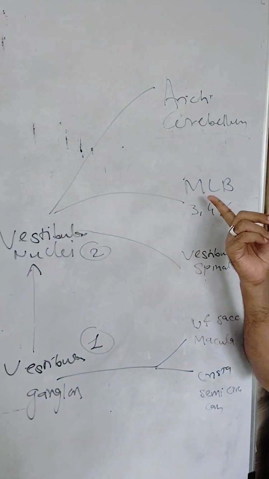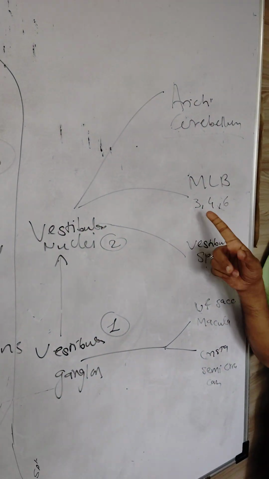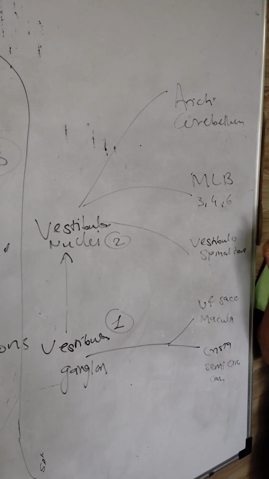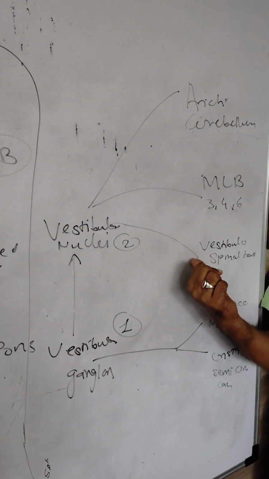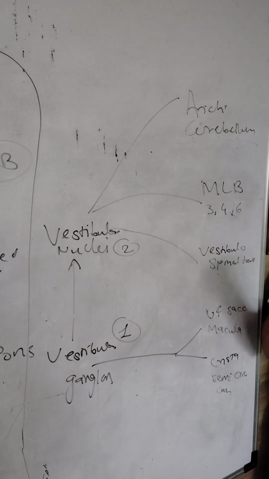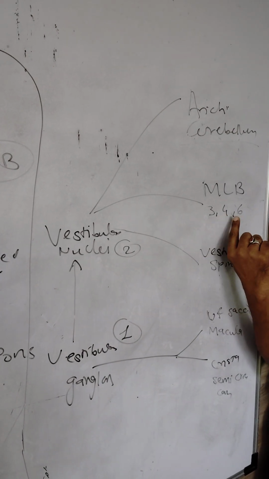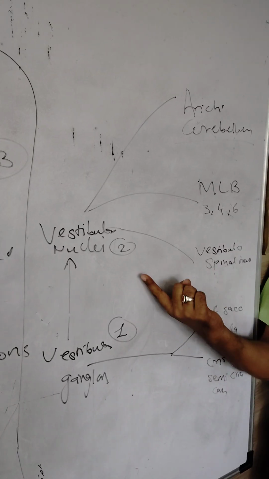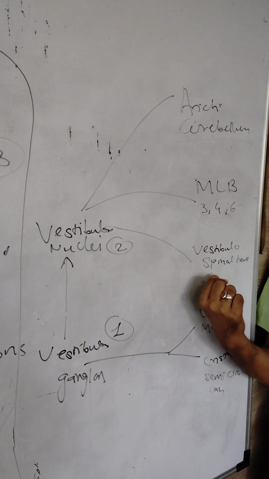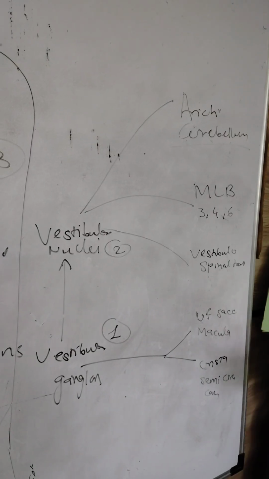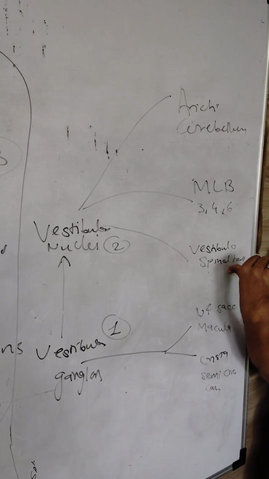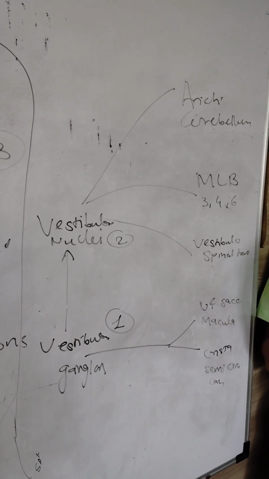Then via the medial longitudinal bundle, it is connected to 3, 4, 6 and also the 9th cranial nerve. And via the vestibulospinal tract, one goes to the archicerebellum, one goes to 3, 4, 6 and 9th cranial nerve, and one goes to the spinal cord. Cerebellum, 3, 4, 6 and spinal cord. The vestibulospinal tract goes to the spinal cord.